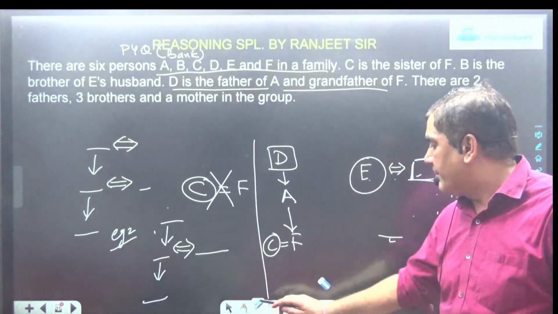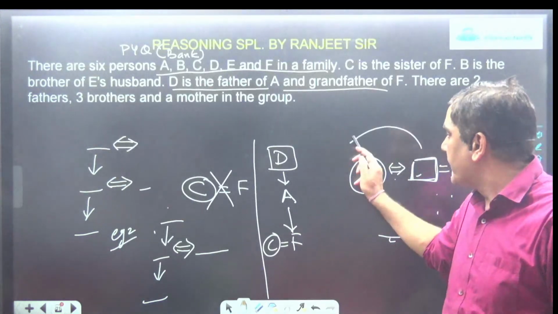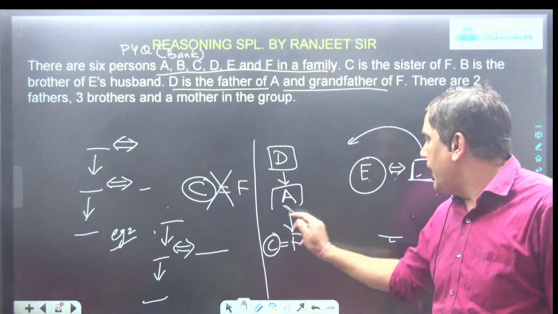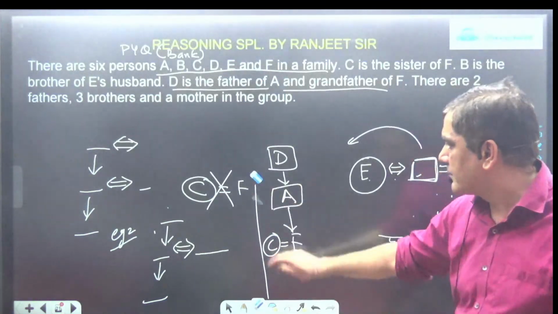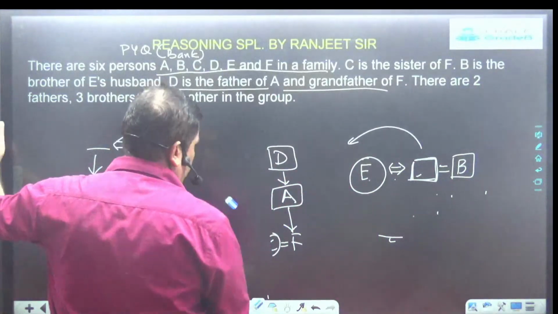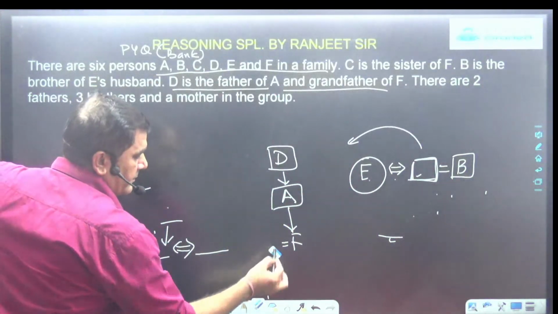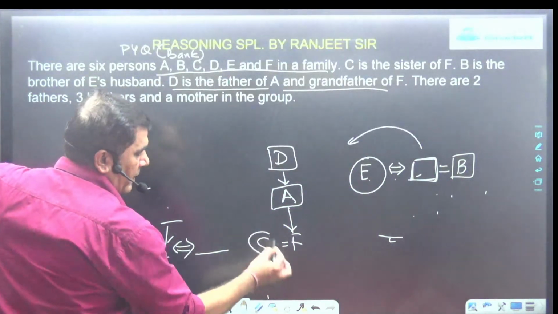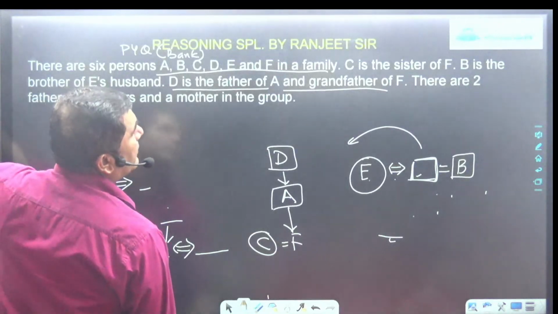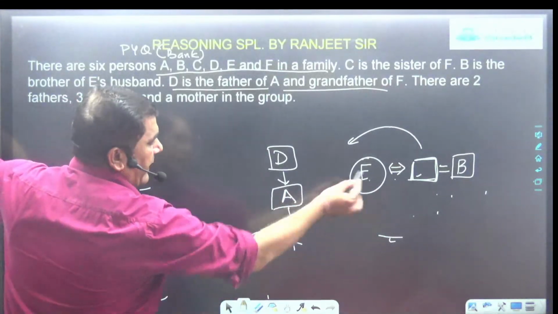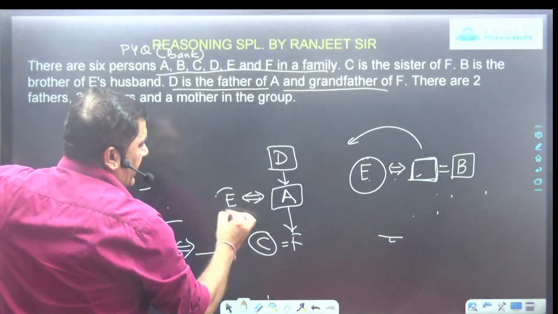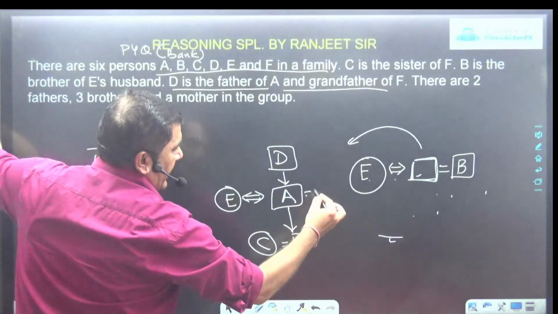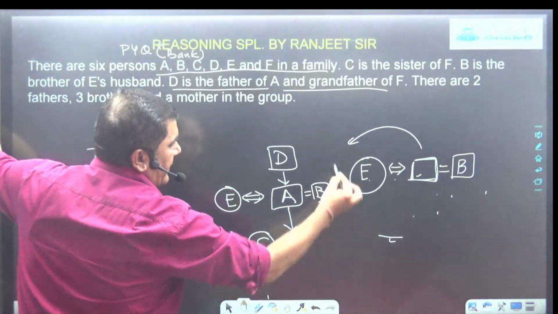A will come over here. A is married to E, and A's brother will be B, and this is going to be my family tree.